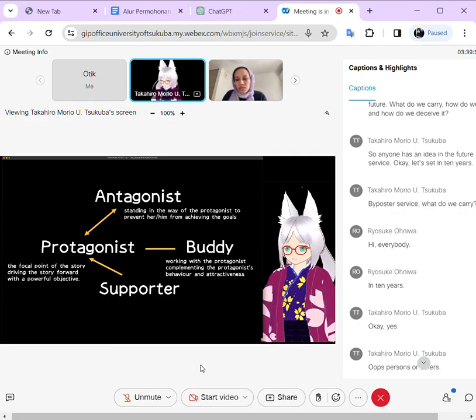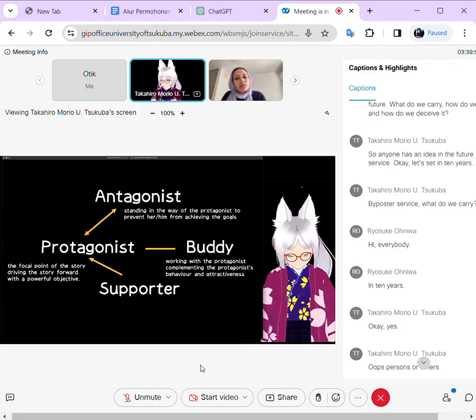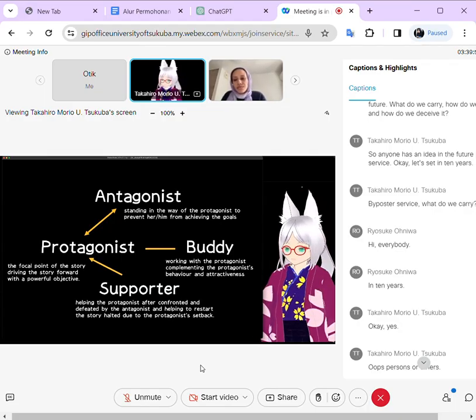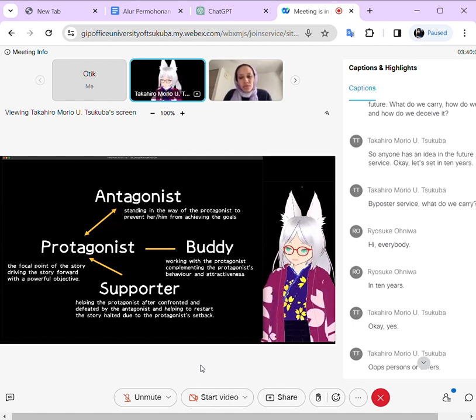And the fourth character is the supporter. The supporter helps the protagonist after being confronted and defeated by the antagonist, helping restart the story for the protagonist. In many stories, the protagonist is once or twice or many times defeated by the antagonist.